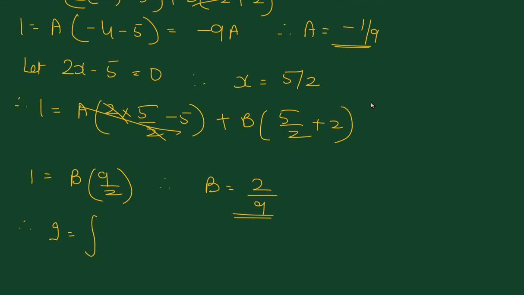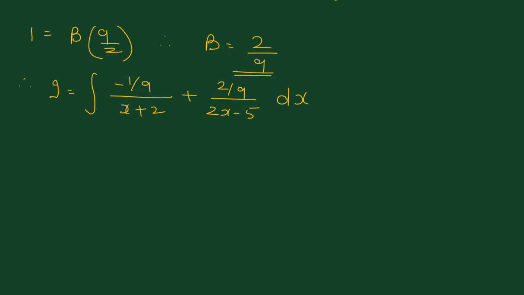So our integral becomes I is equal to the integral of minus 1 upon 9 upon x plus 2 plus 2 upon 9 upon 2x minus 5 dx, isn't it? So now our entire integral term becomes this way. If you remember, we have solved part of it first only.